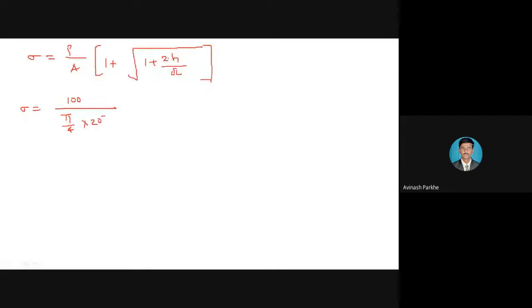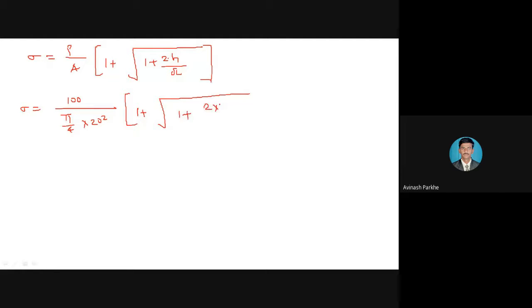So if I write down the formula, sigma is equal to P upon A in square bracket 1 plus square root of 1 plus 2h upon delta L. This is the formula. Now put the value. This is 100 divided by pi by 4, d square means 20 square, 1 plus square root of 1 plus 2 into height.